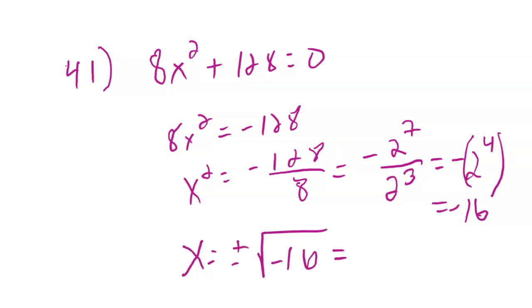And then I just break this up into an imaginary part and the real part. And so I'll get plus or minus i when I get the square root of -1. Okay, this part we write like that. Square root of 16 is 4. The square root of -1 is i. And like I said, it is kind of weird.